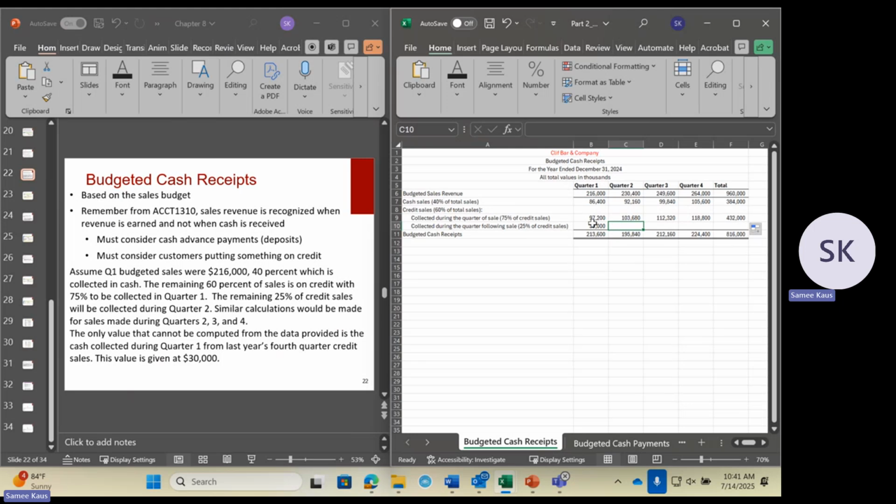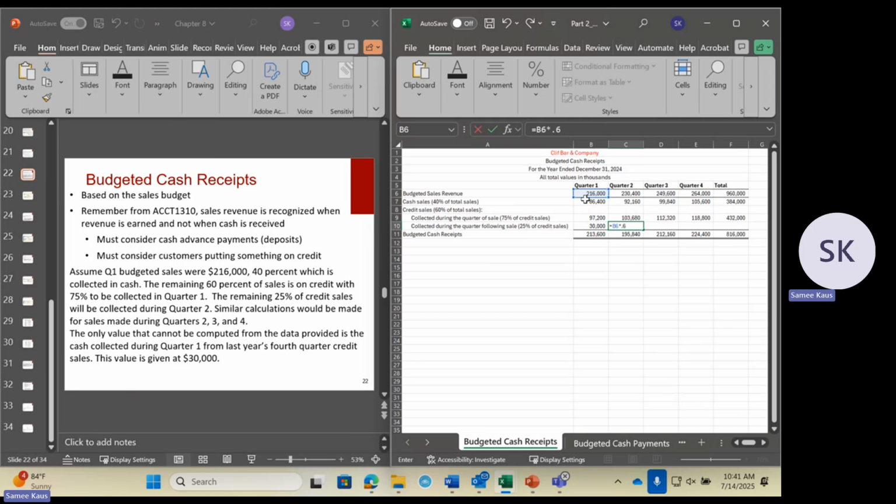But how do I calculate Q2? Well, what it's telling me is that I am going to collect the remaining Q1 sales. How much do I have remaining? Well, I know I collected 40% in cash at point of sale.